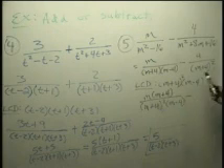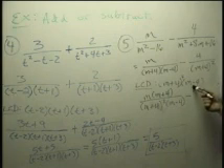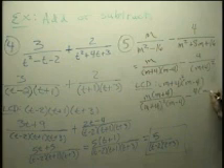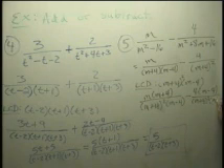And here I have m plus 4 squared, but I need an m minus 4. So I multiply top and bottom by m minus 4. Okay?